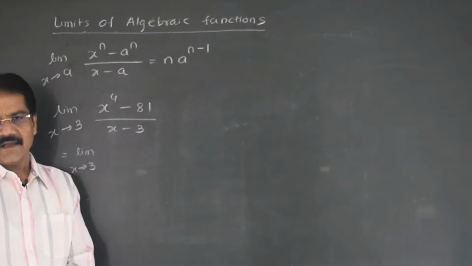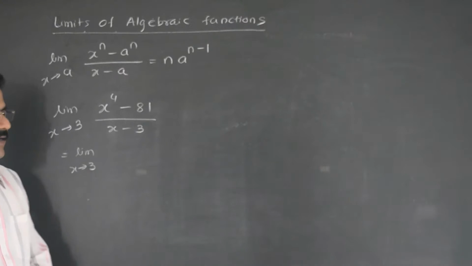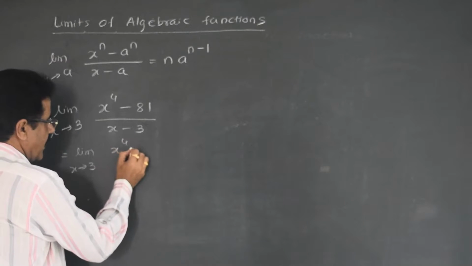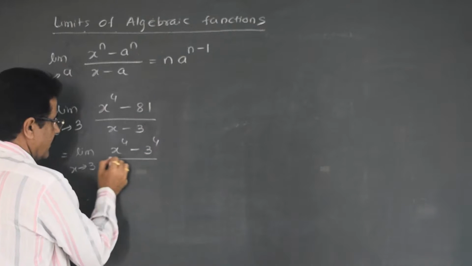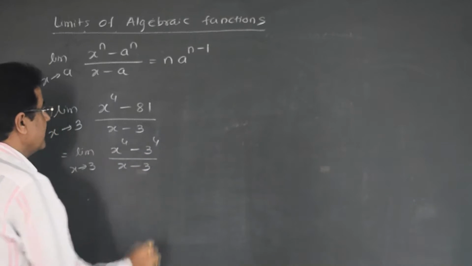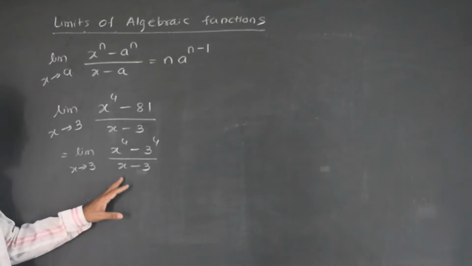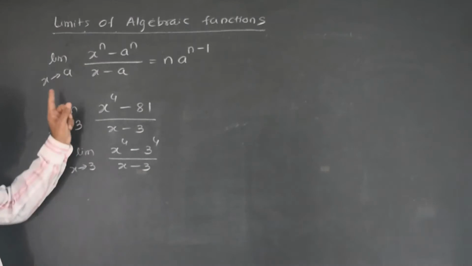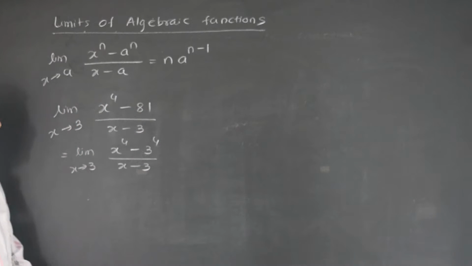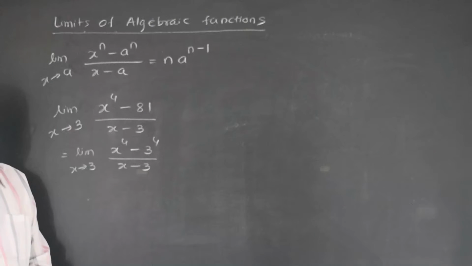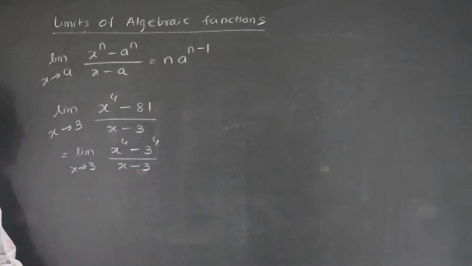Now you know that 3 raised to 4 is nothing but 81. So we can write down x raised to 4 minus 3 raised to 4 upon x minus 3. And now this example is exactly in the form of the standard formula where the value of a is 3 and the value of n is nothing but 4.